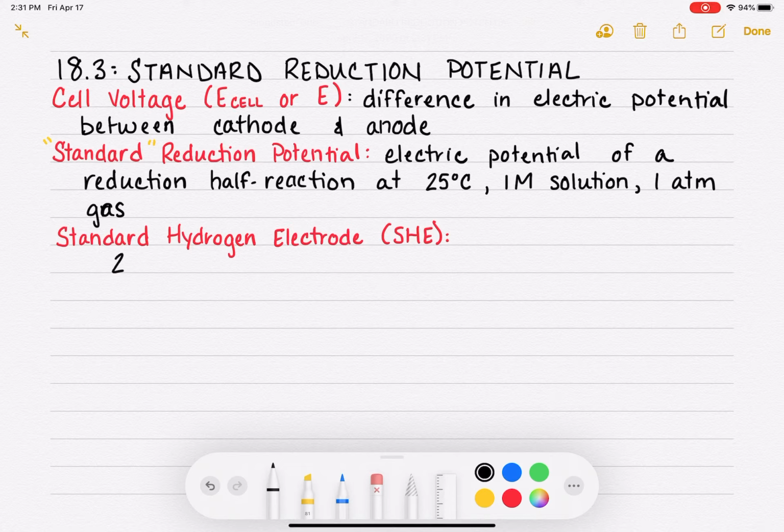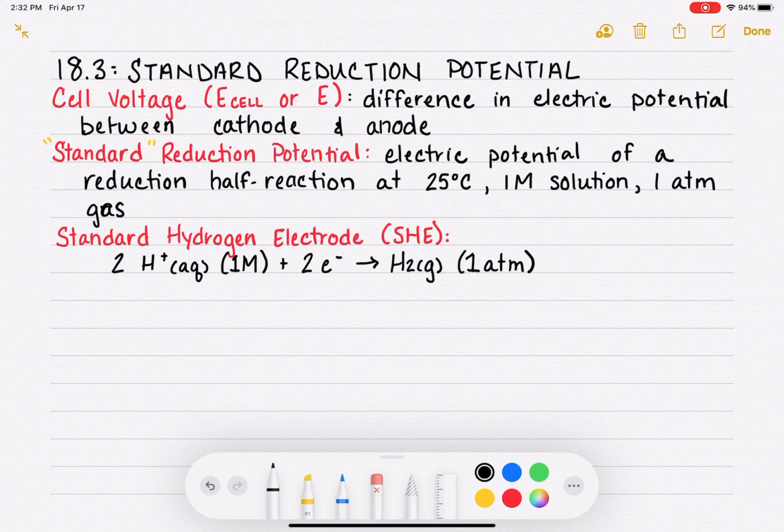This specifically is 2 hydrogen ions in solution, and because it's standard, it's a 1 molar solution, being reduced, so that means plus 2 electrons, and we're generating 1 molecule of hydrogen H2 gas, and because this is standard, that gas is at 1 atmosphere.